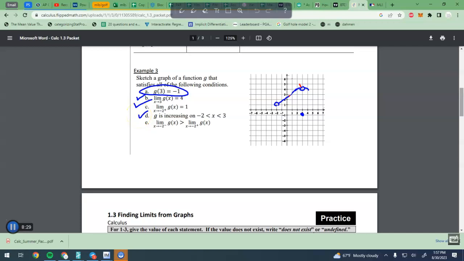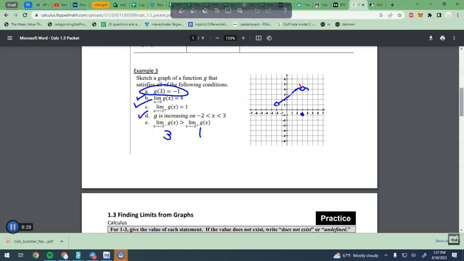Limit as G approaches -2 from the left. So the road coming from the left approaches a y value that's higher than the road coming from the right. Well, I know the limit as I come from the right is 1. So my limit from the left just needs to be bigger than 1. It could be 3, 4, it could be 1,000,000.